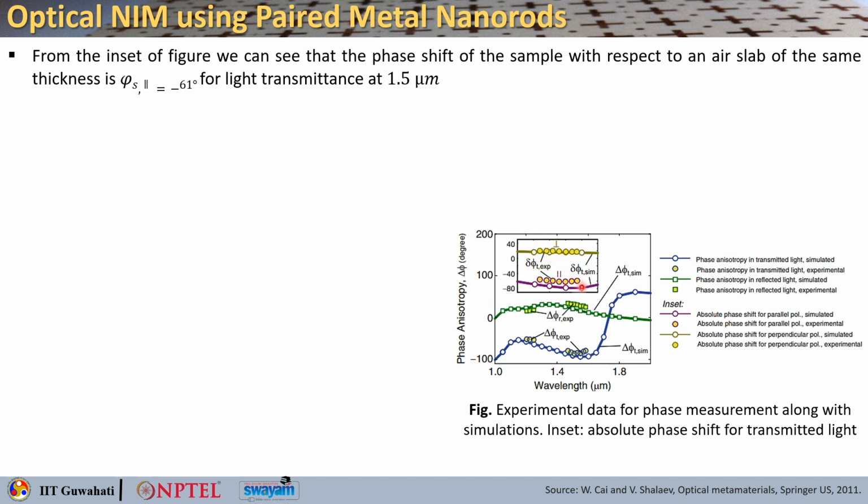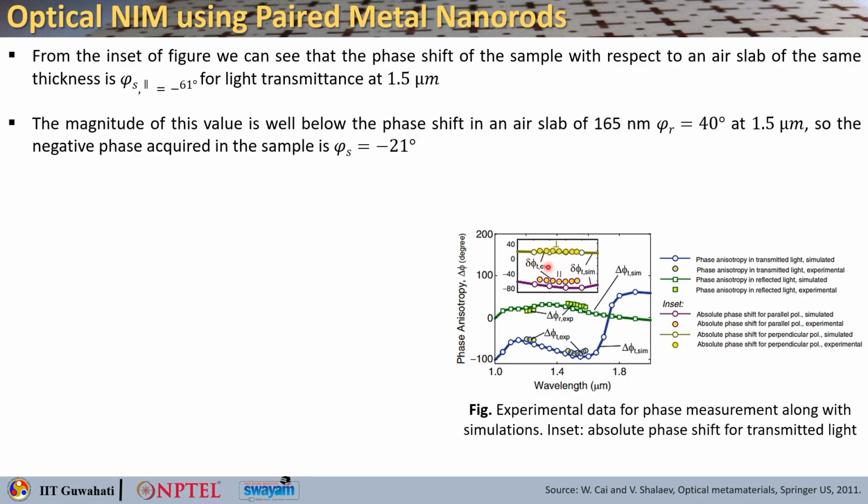If you look into the inset of the figure, you can see the phase shift of the sample with respect to an air slab of the same thickness. There is a typo, it should be just minus 61 degrees; this is for the perpendicular polarization, this is for the parallel polarization. So perpendicular and parallel are mentioned here. This is done at 1.5 micrometer.